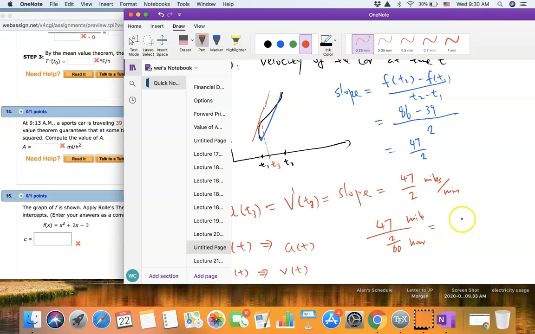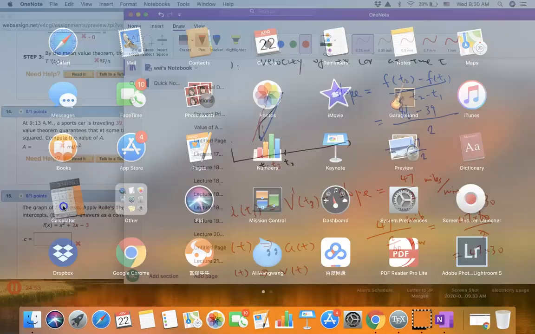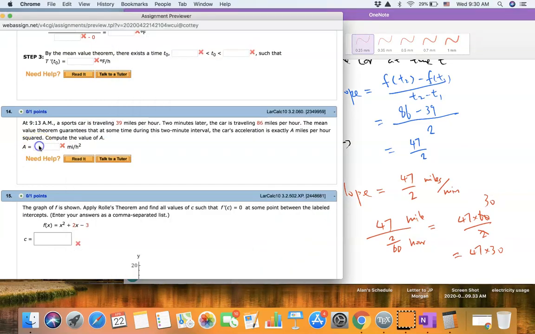So it will be 47 times 60 over 2, which is 47 times 30. So the answer is 1410.